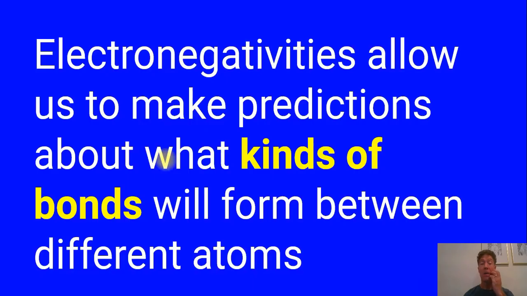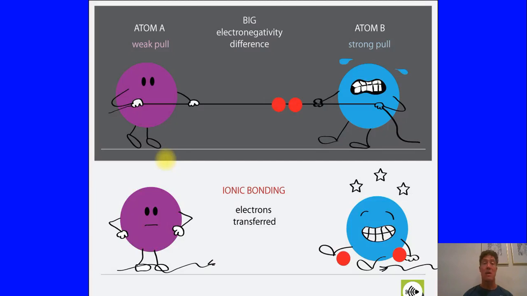What's the practical payoff? Well, electronegativity allows us to predict what kinds of bonds will form between different atoms. If there's a big electronegativity difference, the stronger atom is going to pull the electrons much closer to itself and create the possibility of polar bonds and polar molecules.